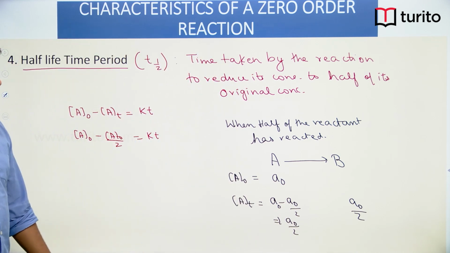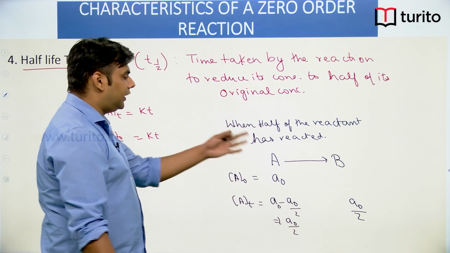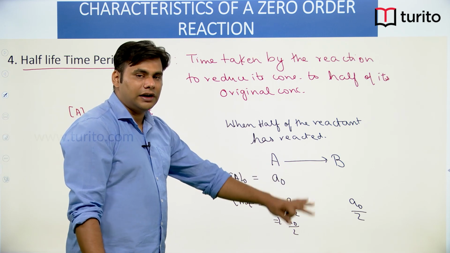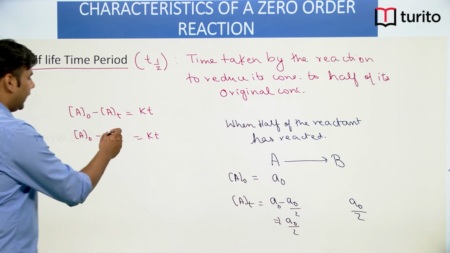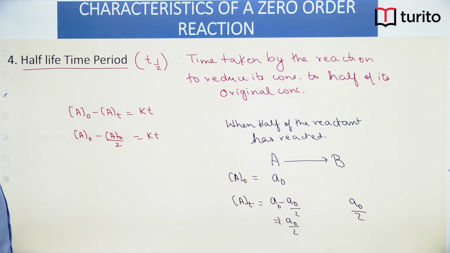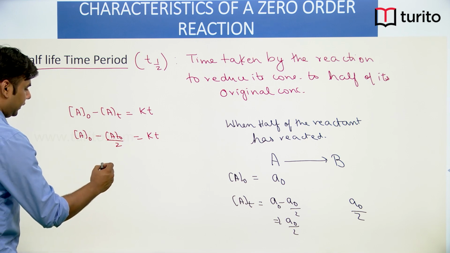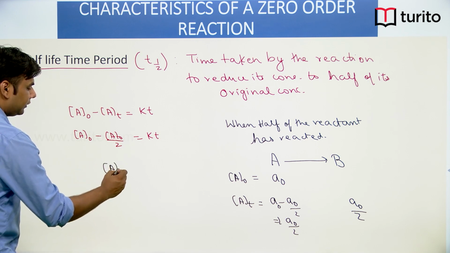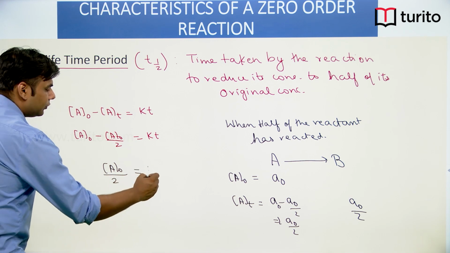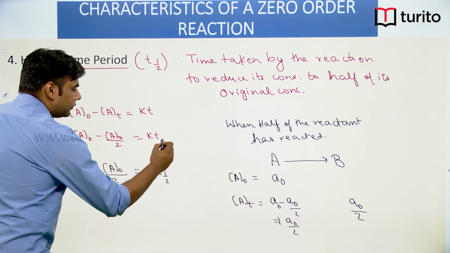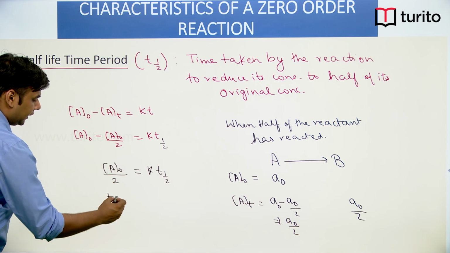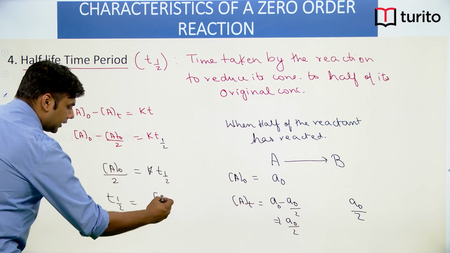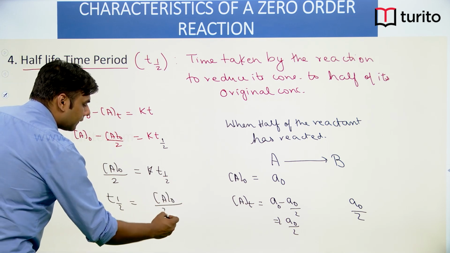I hope this is clear to everyone. When half of the reactant has reacted, obviously half is still left, so A t becomes A naught by 2. So A naught by 2 is equal to K into T half. We replace t by T half, so T half is A naught upon 2K.